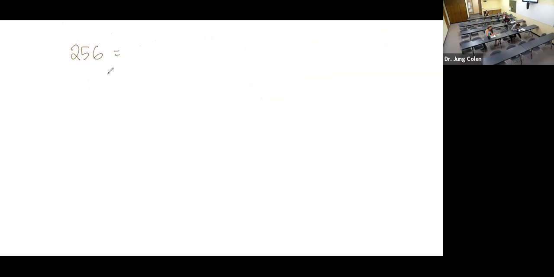Can you do the prime factorization of 256 and tell me what the factors are? Once you are done, I want you to think about 600.